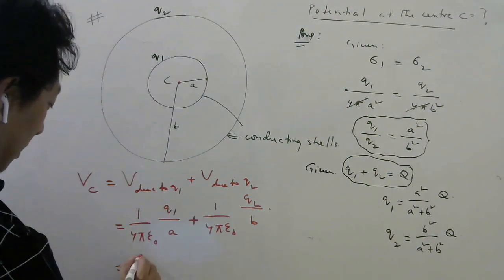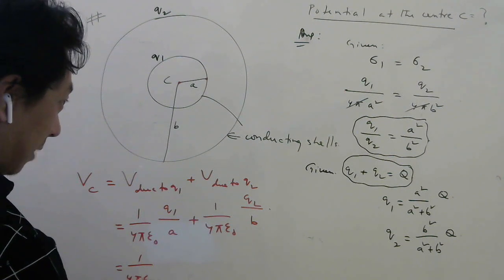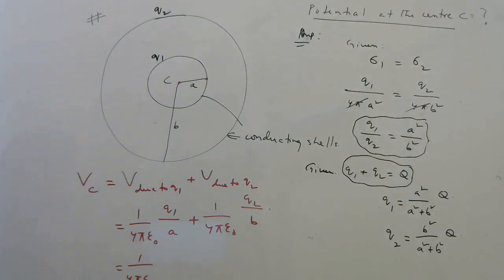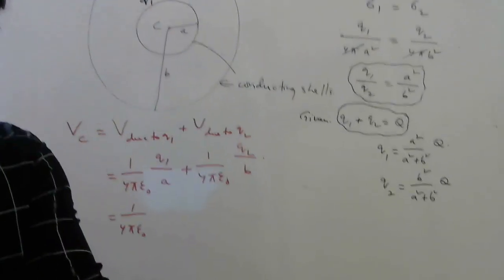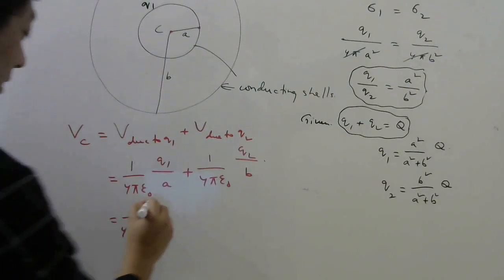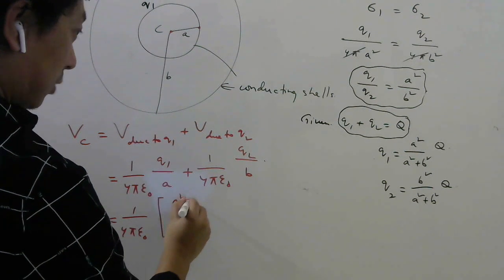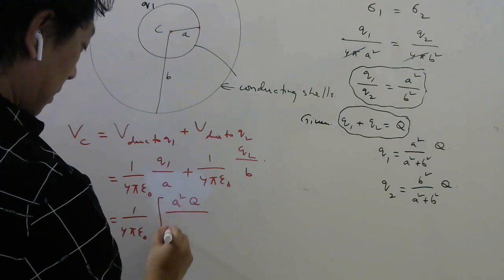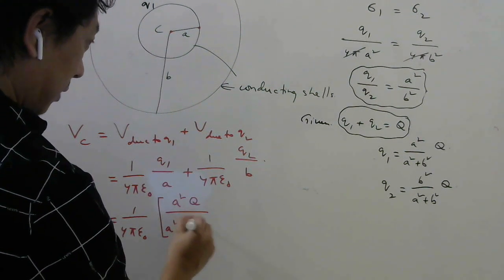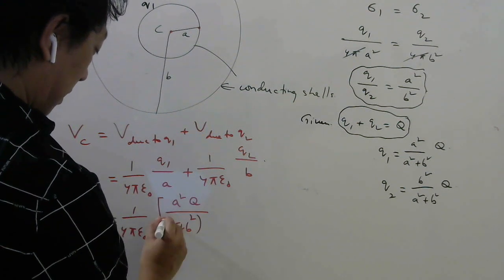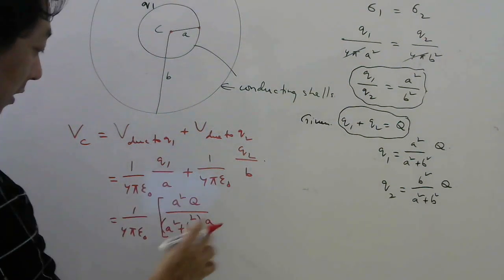Okay, let us see what we get. 1 by 4 pi epsilon naught I can take common. Then q1 will be a square Q by a square plus b square, divided by a. This a is also there, no?